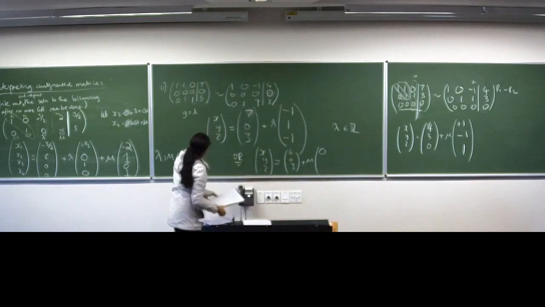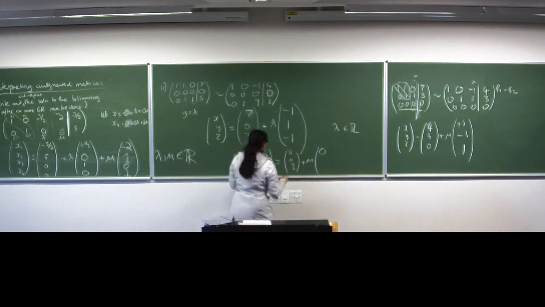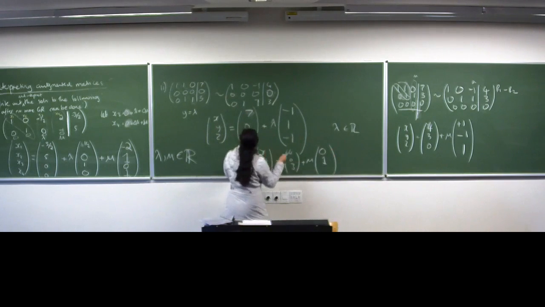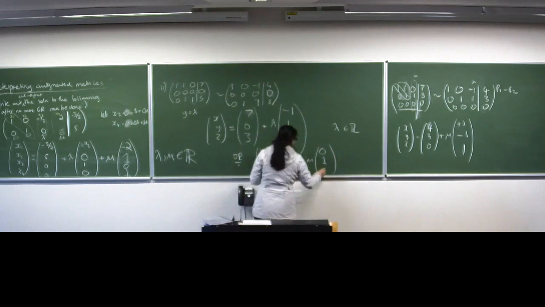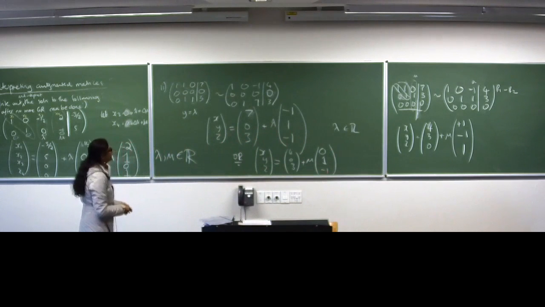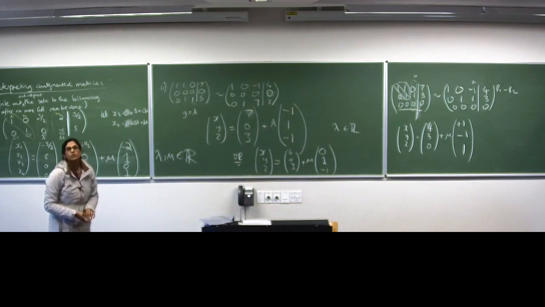Have I done this right? Z is equal to 3 minus, there we go. All right? Both are correct. Question?